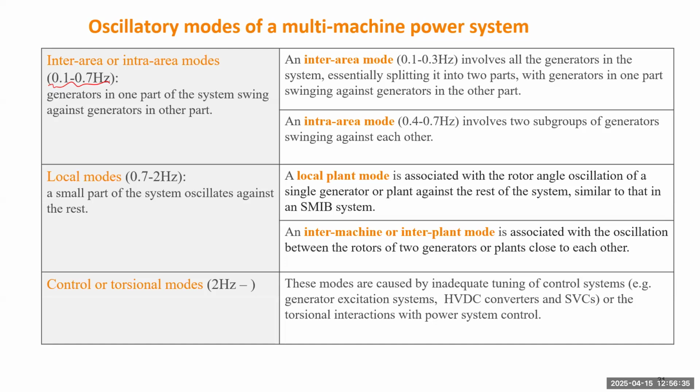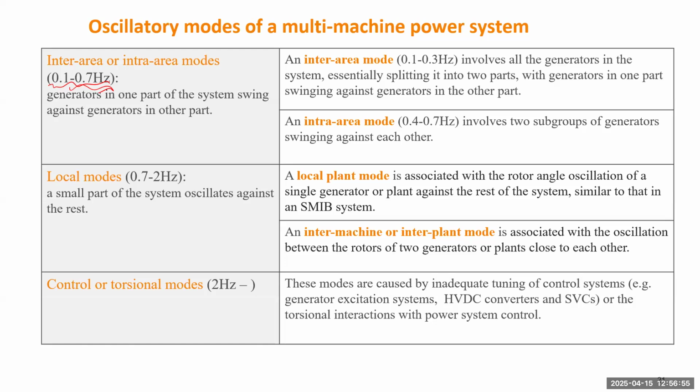The frequency actually can be estimated based on the single machine infinite bus system. If you can generate an equivalent single machine infinite bus system, you actually can utilize the total inertia of the generators and also the reactance of the transmission path. You can estimate the frequency.